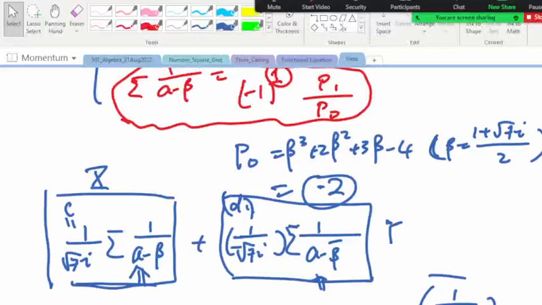Jonathan, do you understand this? Let me show you. This part is C, right? This is C over A minus beta. Sum together. Did you see it?